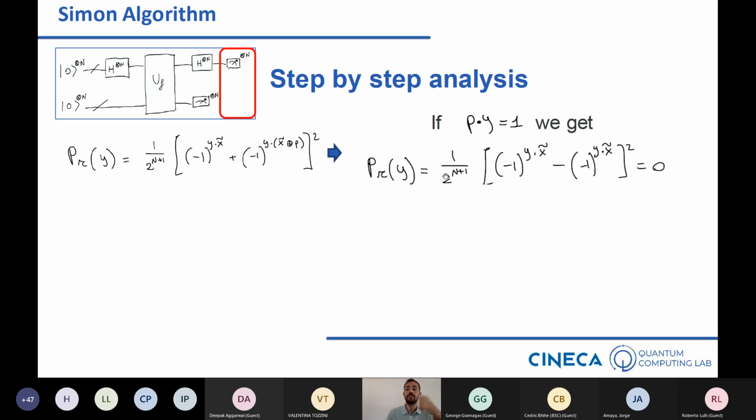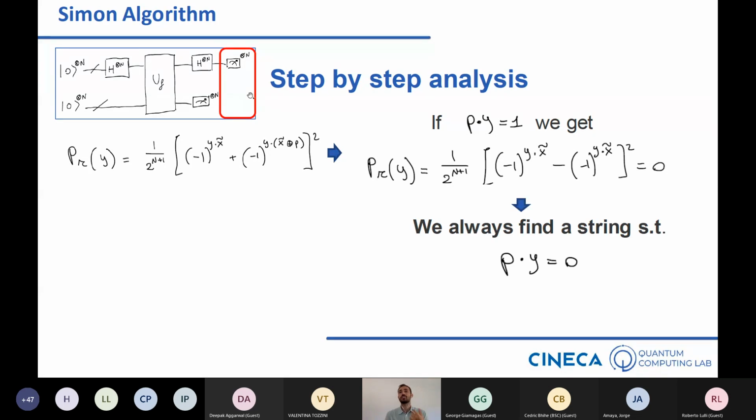So what does it mean? It means that the probability of finding y such that p times y is equal to 1 is 0. So, since this is a scalar product and the only possibilities are 0 or 1, we always measure in the output y such that p times y is equal to 0.